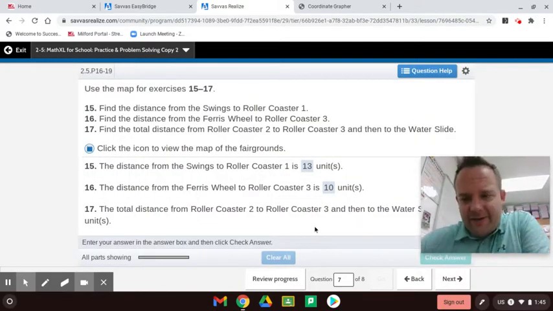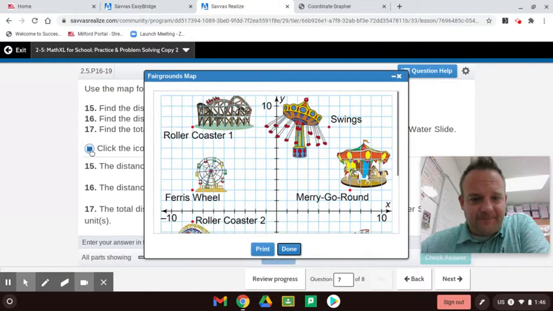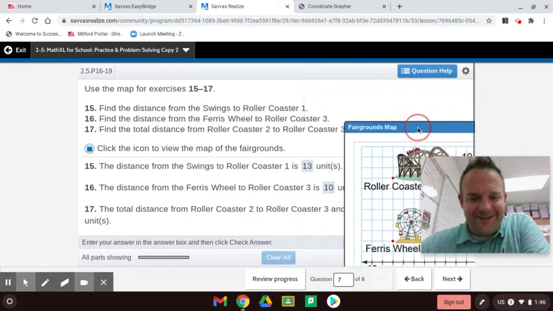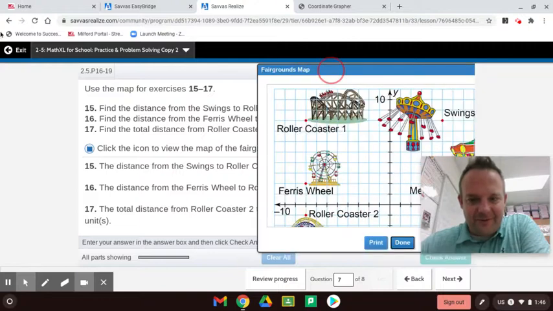Okay, now this is the one where students have some trouble. It's really not that bad. So you take the distance from roller coaster 2 to roller coaster 3, and then from roller coaster 3 to the water slide. So what was it again? Roller coaster 2 to roller coaster 3.